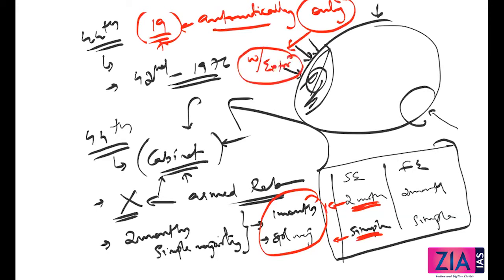In case of internal, no. Automatically it won't get suspended. So I hope this is also one point within the 44th. Then Articles 20 and 21 cannot be suspended under any situation. 20 and 21 cannot be suspended.